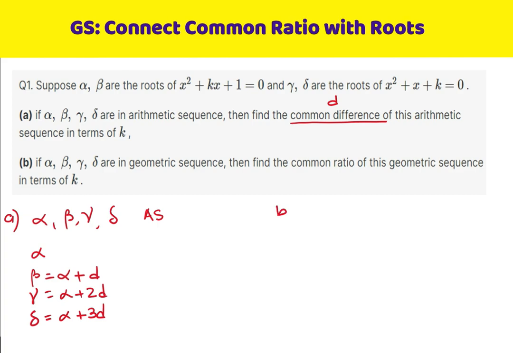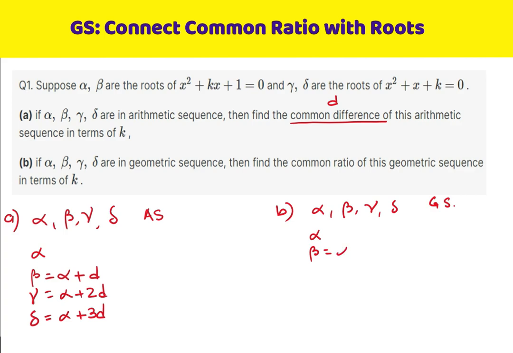Part B is that these are in geometric sequence. If alpha, beta, gamma, delta are in geometric sequence, then alpha is one term, and let's say the ratio is q.